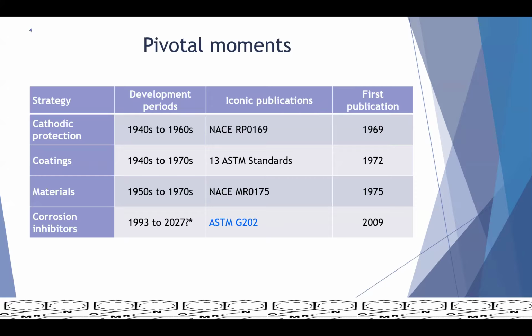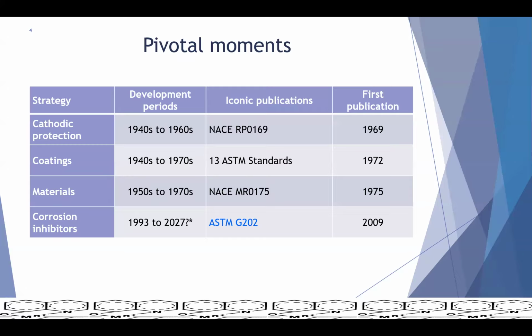For materials, the famous MR0175 or ISO 15156 was first published in 1975, but before that, the industry worked for almost 25 years. So development of standard test methods takes a longer time, closer to 25 to 30 years.